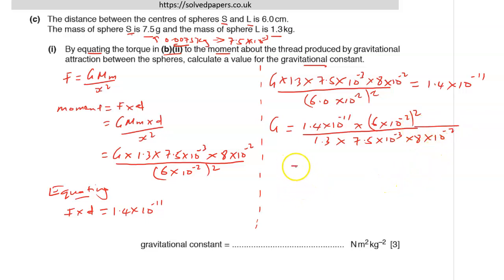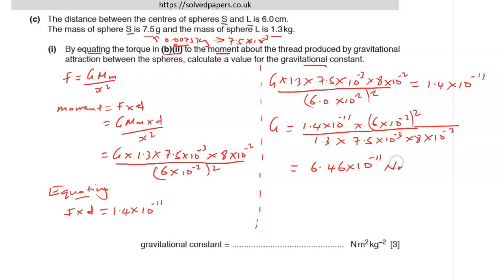When you do your correct evaluation, you'll find that G is equal to 6.46 times 10 to the power of minus 11.